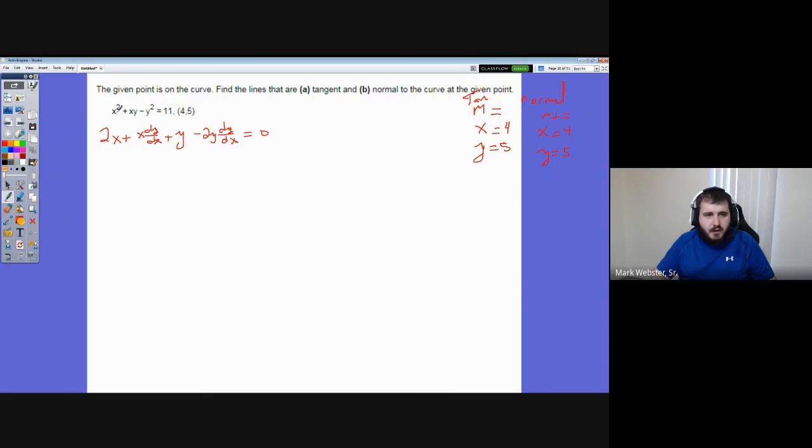Right? Derivative of x squared is 2x. Derivative of xy, left d right plus right d left. x dy dx plus y times 1. Minus the derivative of y squared, which is 2y dy dx, equals the derivative of 11, which is 0.